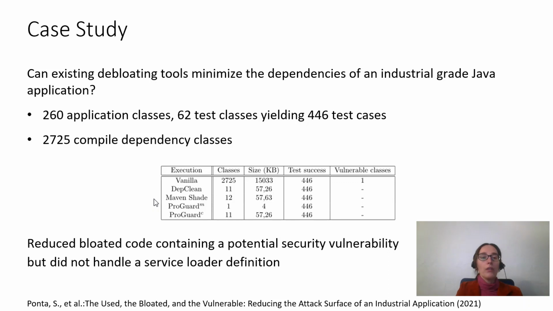And what we found is that the tools were not able to handle a service loader definition, so a kind of dynamic programming feature that would have broken some downstream application using the one we debloated. So debloating seems promising, but it still requires better investigation to see if it can really handle dynamic features and if it can really be used for industrial applications.